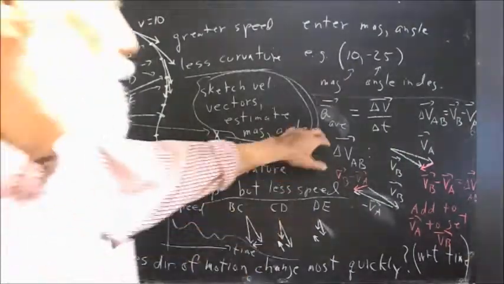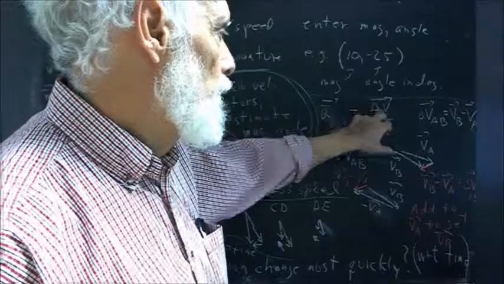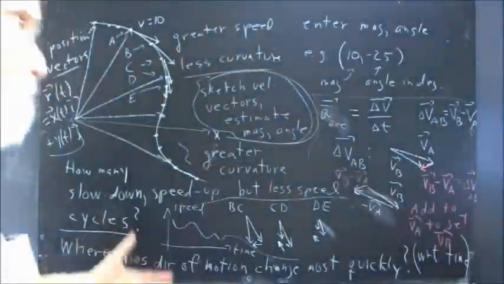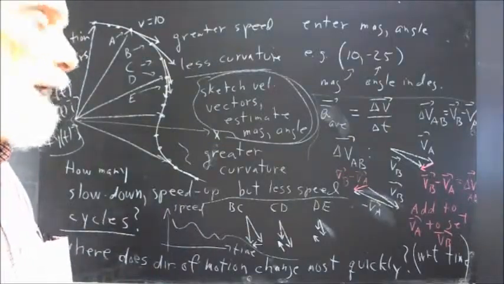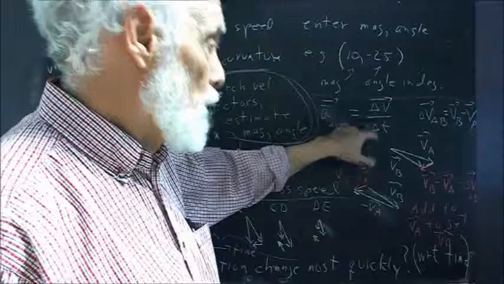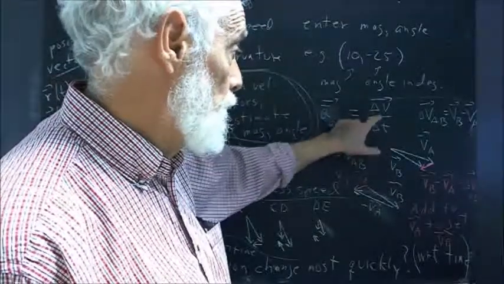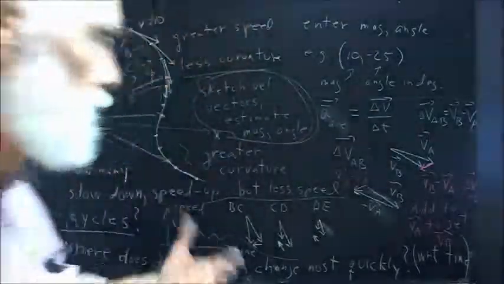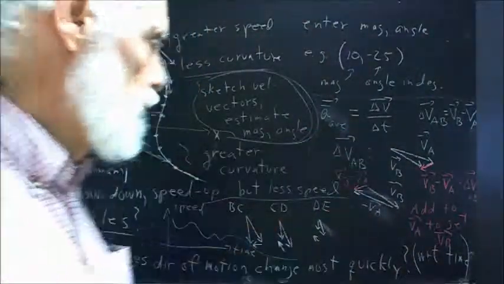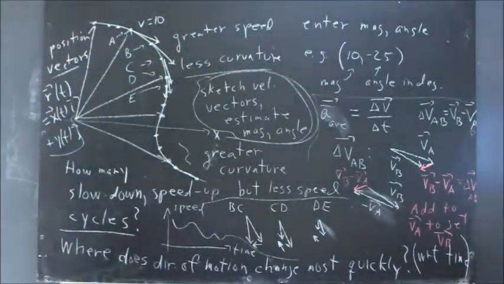Then, if we want to do the average acceleration, we can divide the delta V vector by the delta T interval, whatever that interval might be. That is, of course, going to change the units of the quantity. That's not going to have the same units as delta V. So we could sketch it on any scale we wished if we wanted to sketch the acceleration vectors. Now we'll go on with this in a minute.